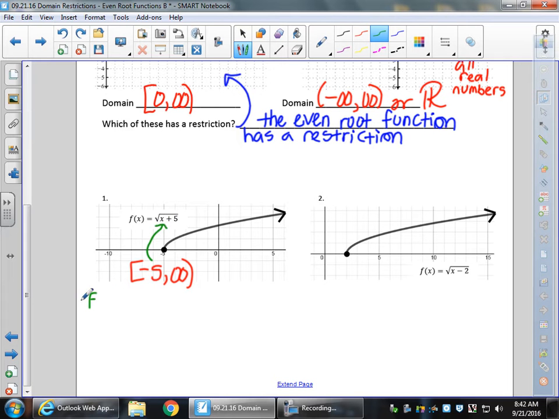Let's try that. What is f of -5? What would I have underneath the root? -5 plus 5 equals the square root of 0. Does that exist? What's the square root of 0? 0. That exists. Give me a number to the left where I do not have the graph.